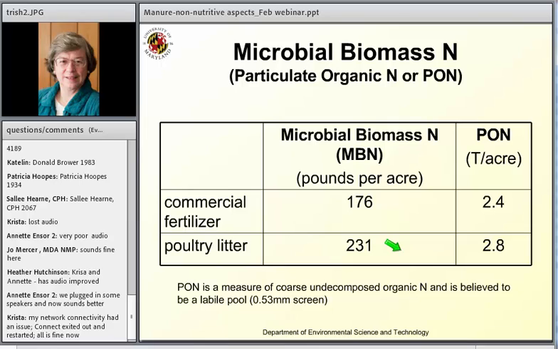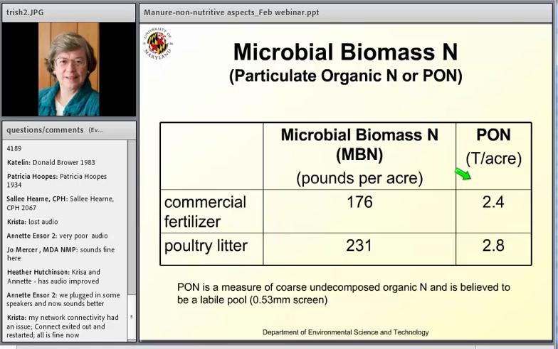Now another thing they looked at, and I've tried not to talk too much about nutrients, but a number of scientists have decided that if we could look at a more labile measurement of organic carbon or organic nitrogen, we'd be better off in terms of predicting the availability of material that's already in the soil.